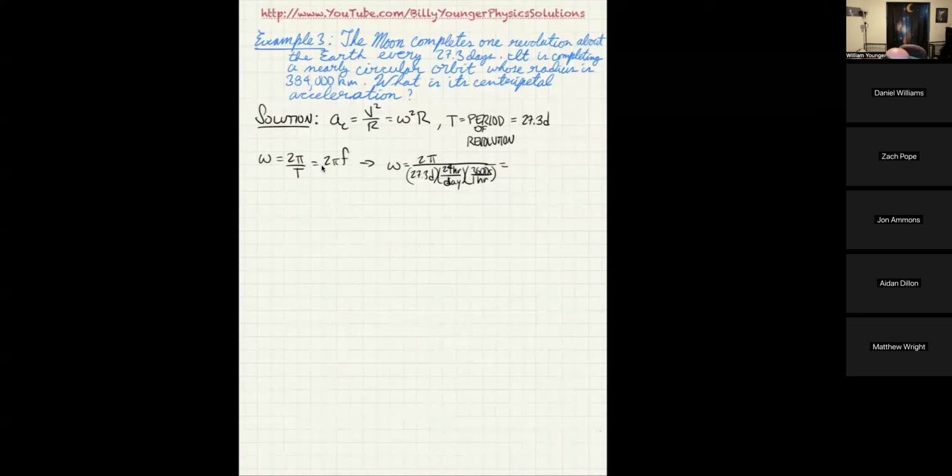So if I do all this, I get 2 times 3.14159 divided by parentheses 27.3 times 24 times 3,600, close parentheses. That gives me 0.00000026638, and that's in radians per second.